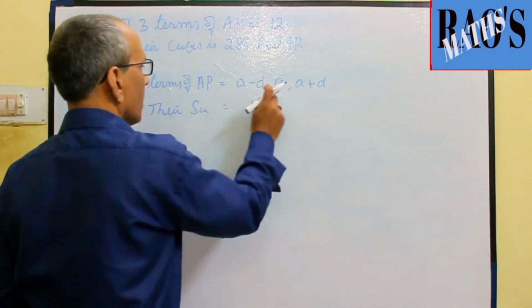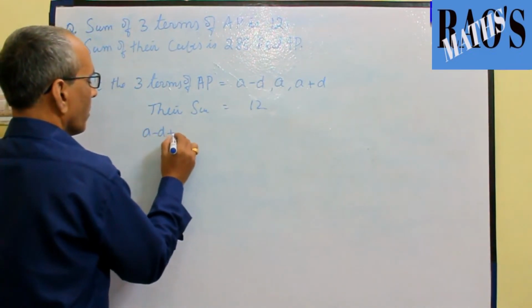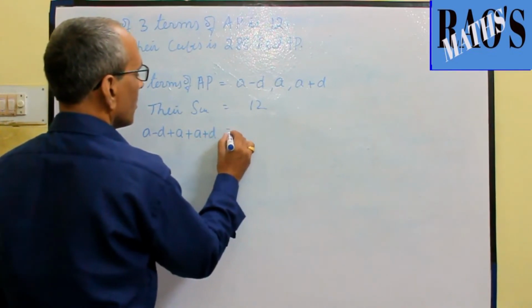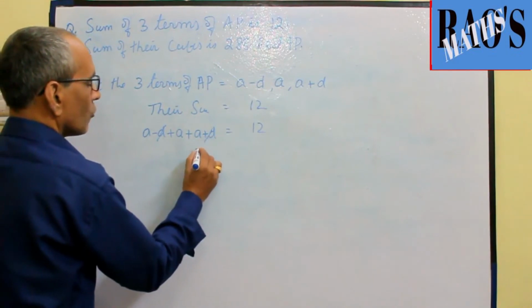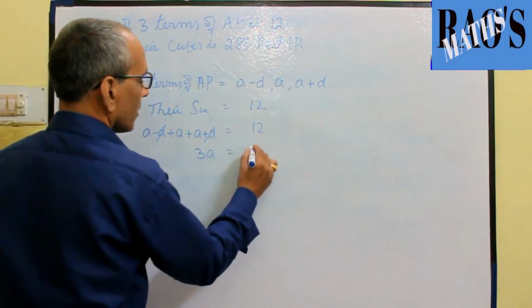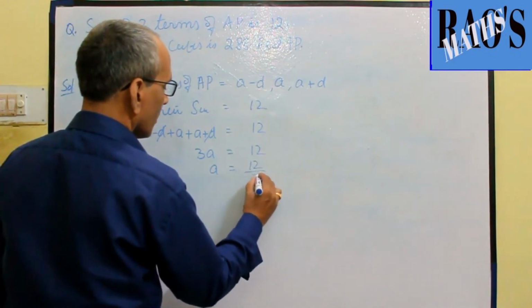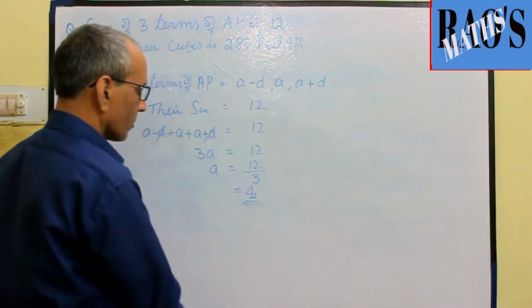So what are they? A minus D plus A plus A plus D, whose sum is 12 by question. So we remain with 3A, which is equal to 12. So A is equal to 12 by 3, which gives 4. So we got the A value.